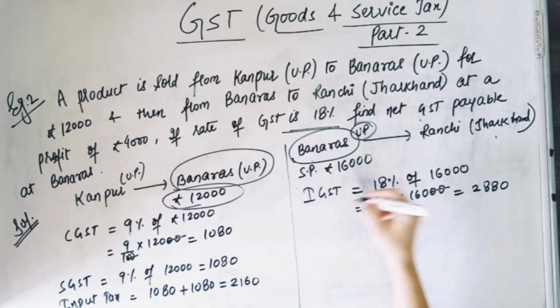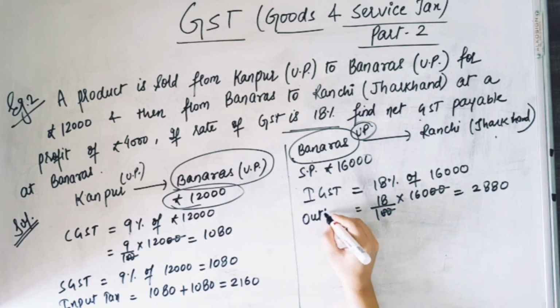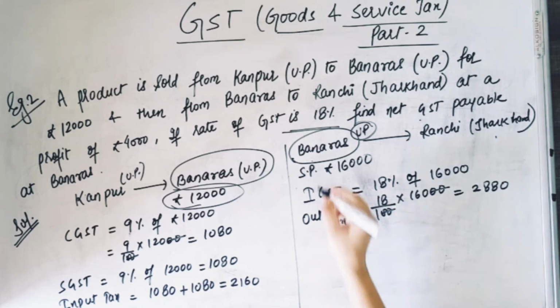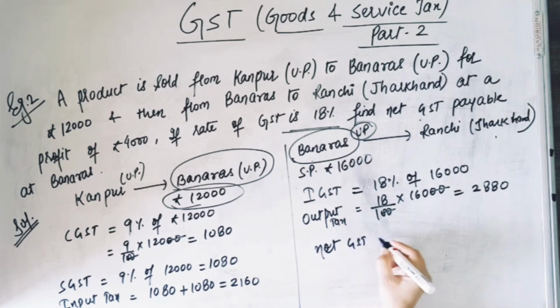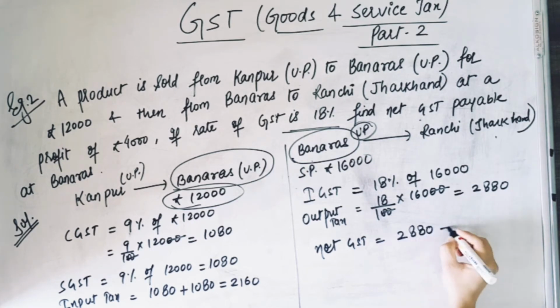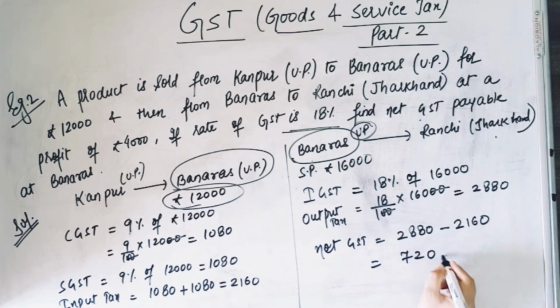So this tax here, it is known as what? Output tax, because this is the tax which he has to pay when he has sold goods. So net tax payable, or we can say net GST which he has to pay, will be 2880 minus 2160. So the answer will be 720.